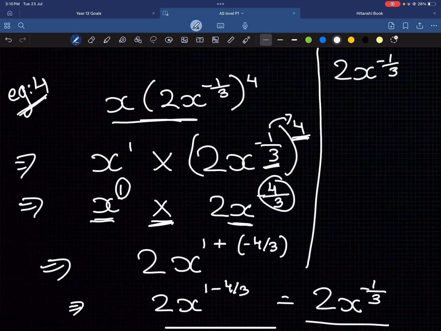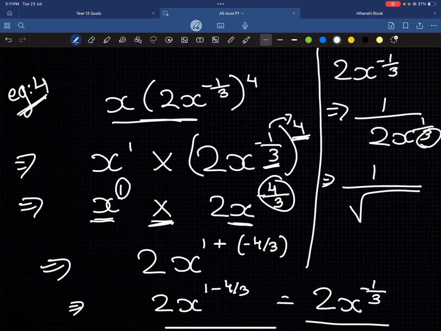Again, if something has a minus, we're basically talking about reciprocals. And because we have a denominator over here, we know that it has something to do with the root, so that becomes 1 over the cube root of 2x. So yeah, that's the original term, and that's the final answer.